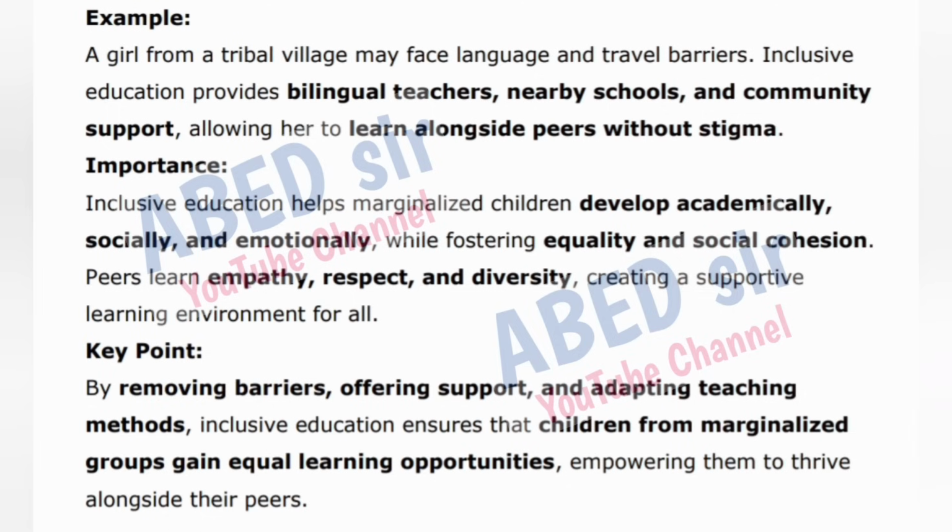Peers learn empathy, respect, and diversity, creating a supportive learning environment for all. Key point: by removing barriers, offering support, and adapting teaching methods, inclusive education ensures that children from marginalized groups gain equal learning opportunities, empowering them to thrive alongside their peers.